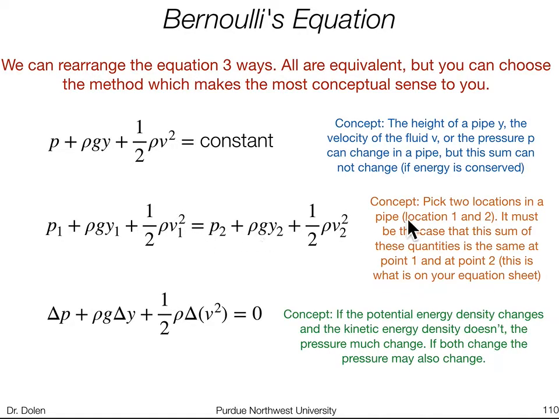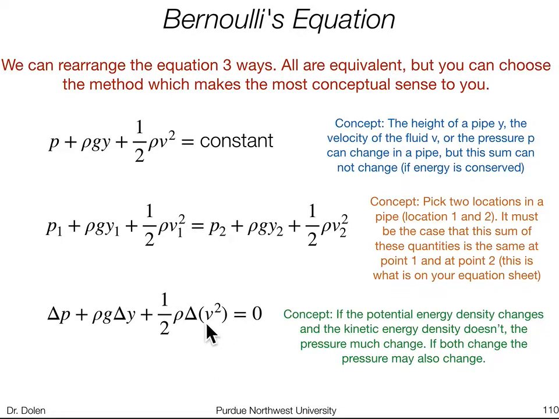I could also rewrite this, just subtract all of these terms over to this side and rewrite this equation in this way, that the change in my pressure plus a change in my gravitational energy density plus a change in my kinetic energy density has to be equal to 0. So this is another nice conceptual way of writing down the Bernoulli equation, because again, if you have a pipe where, say, the pipe gets skinnier, so the water has to move faster, right?